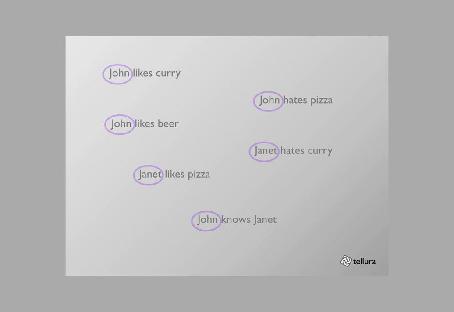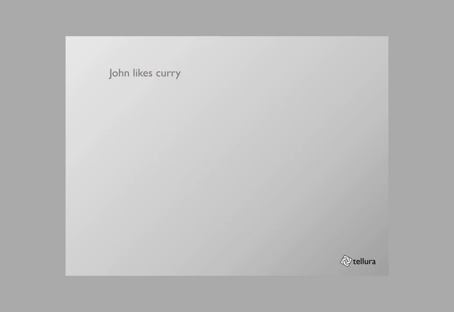Each of these sentences has a subject and a verb and an object. The verb provides some meaning to the link between the subject and the object. It's a semantic link. Now, a semantic triple is just like one of these sentences.